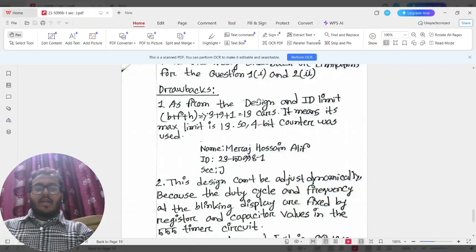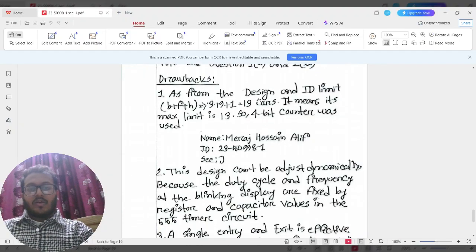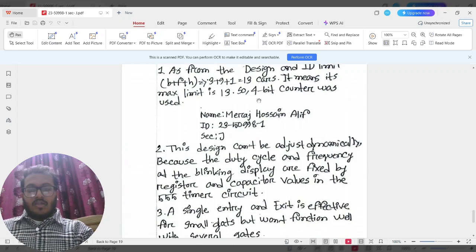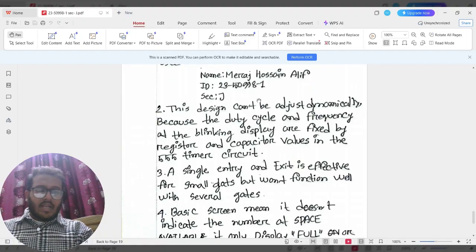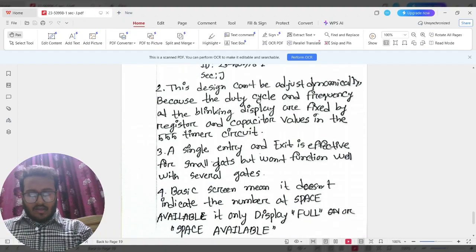From the design and ID limit, the maximum is 13 cars, so a 4-bit counter is used. The design cannot be adjusted dynamically, because the duty cycle and frequency of the blinking display are fixed by the resistor and capacitor values in the 555 timer circuit.